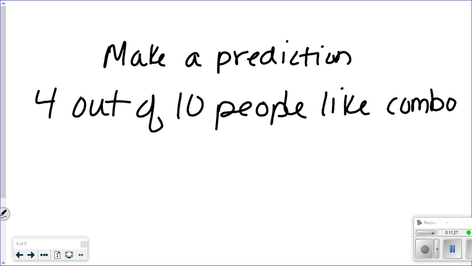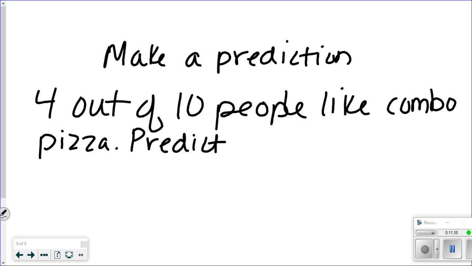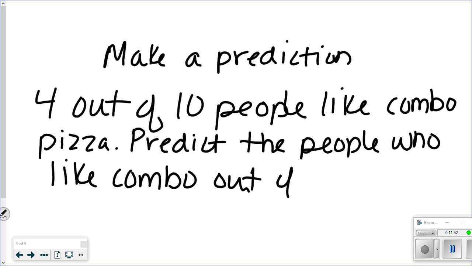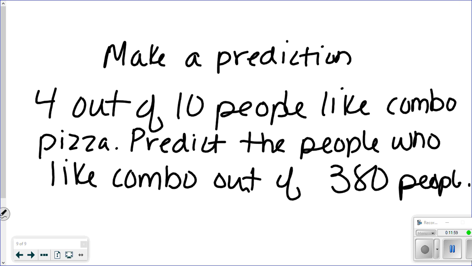Then it's going to say predict the number of people who like combo in a group of 380 people.